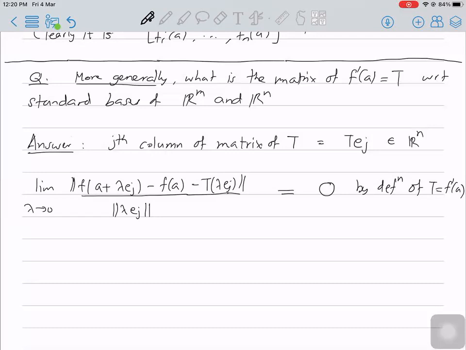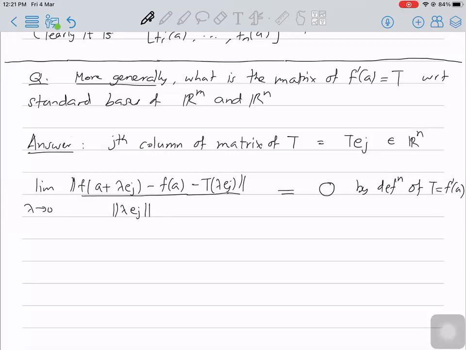And whenever h goes to 0, this limit is supposed to be 0, right? So in particular, if lambda goes to 0, then it's a particular way of sending this vector h to 0, namely just along the single line. So what I have written over here is a consequence of T being the derivative of the function f at a. All right, so let's do some calculation with this.